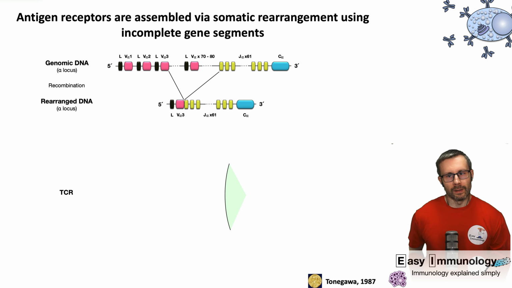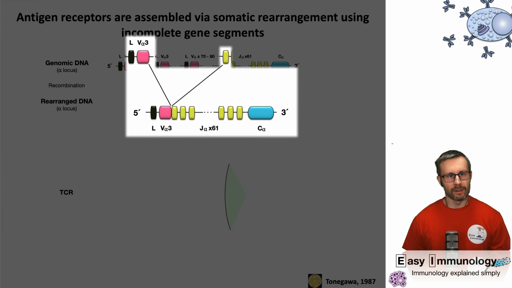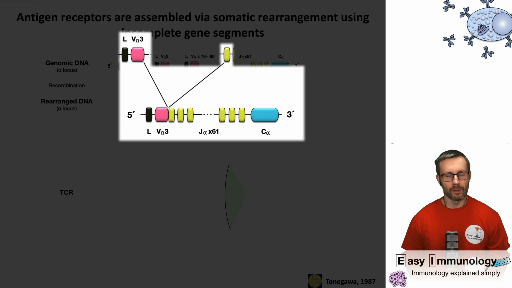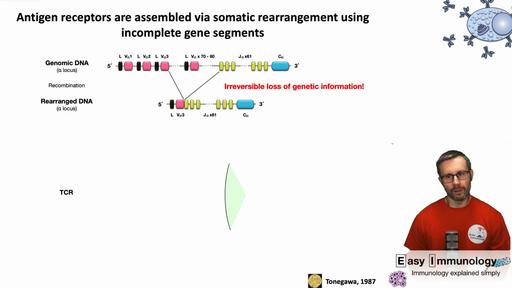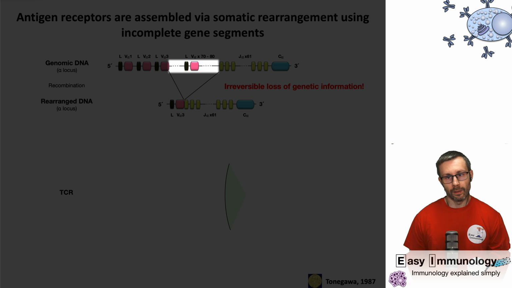And then one is randomly picked. In my example here, it's the first J segment, the first yellow segment, and the third V alpha segment. And they are combined in a process that we call recombination, and all the sequence information between the third V alpha segment and the first J segment is deleted, is excised as a plasmid from the DNA of that cell, and it gets lost during subsequent cell division.